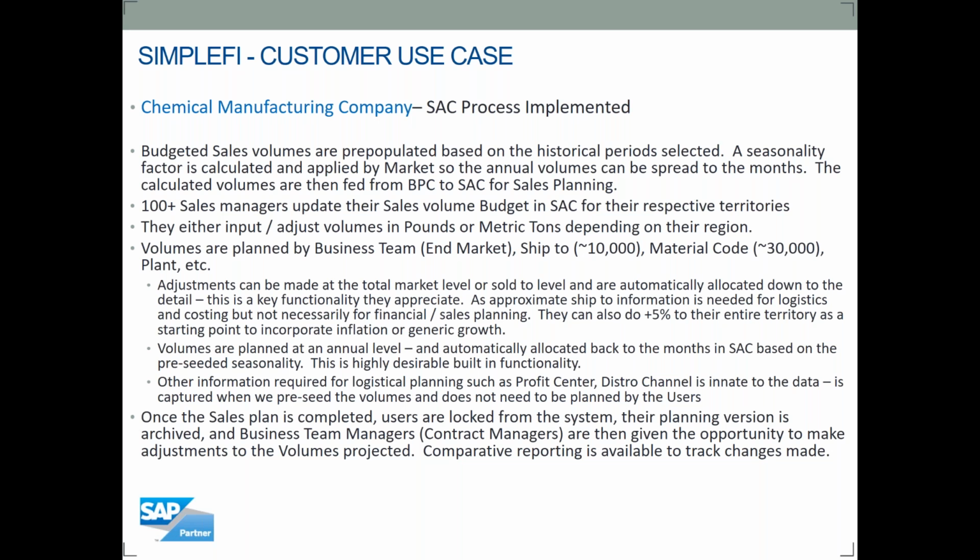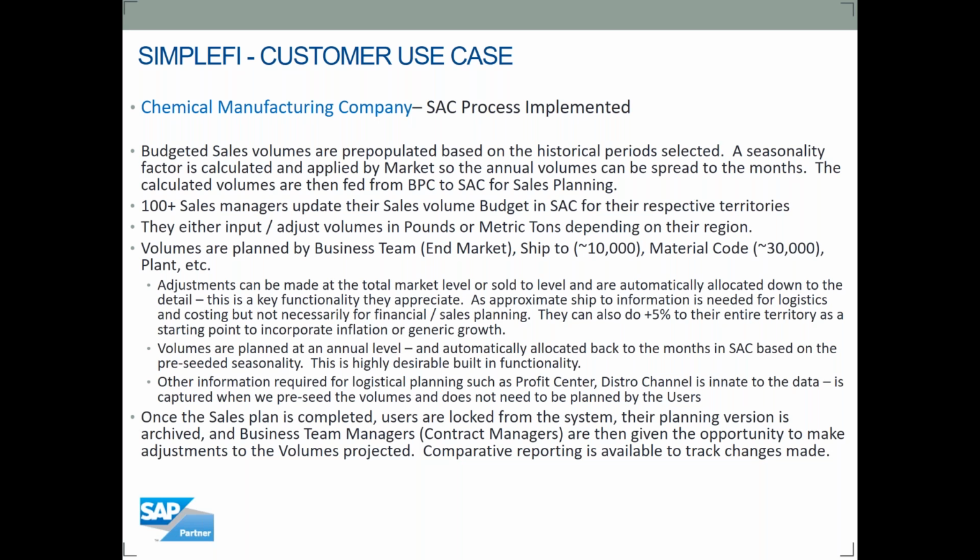Other information that's required for logistical planning, like the ship-to we talked about, but not necessarily needed for sales planning, like profit center and distribution channel, we don't even show on the planning template, but it's innate to the data. It's already assigned, so as users update their data, that information stays with the data set and we don't have to assign it downstream.